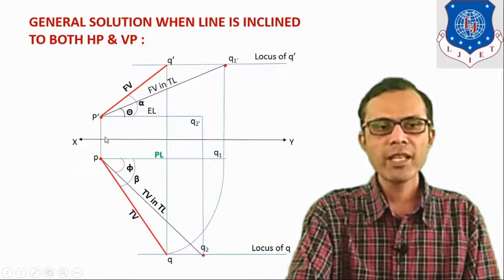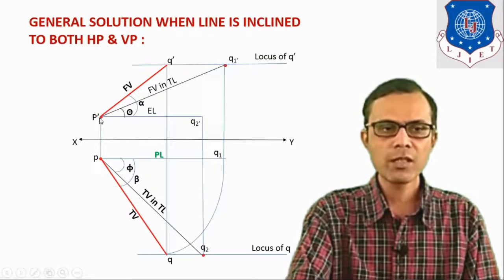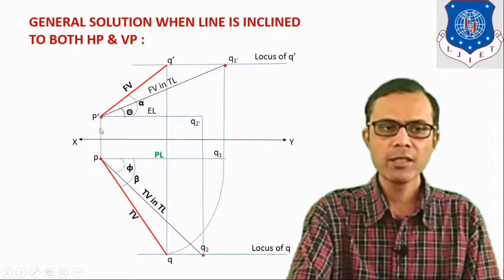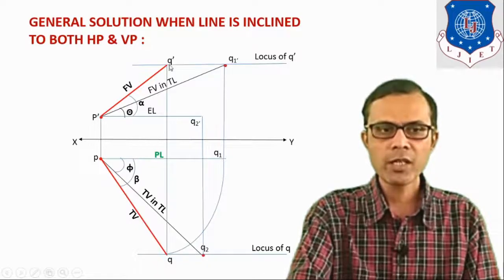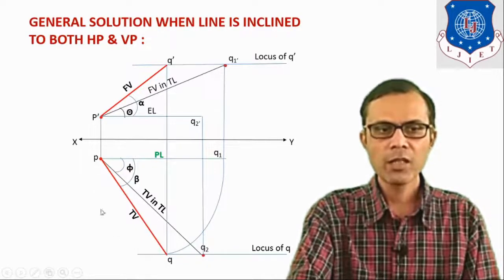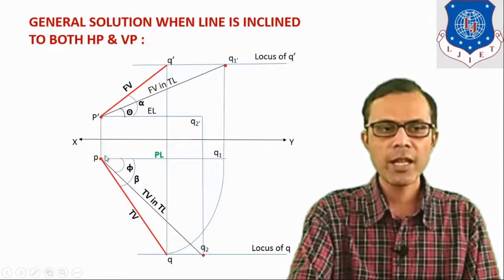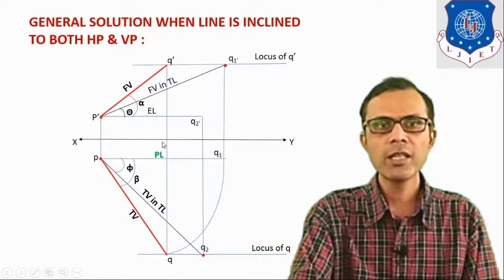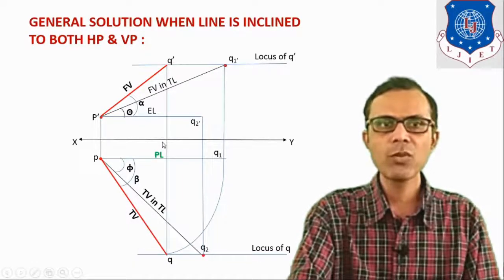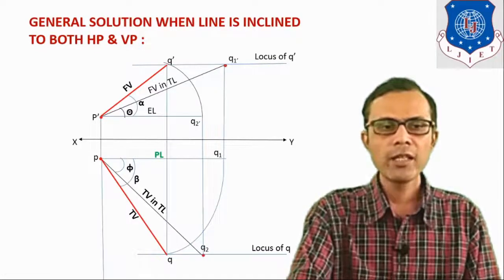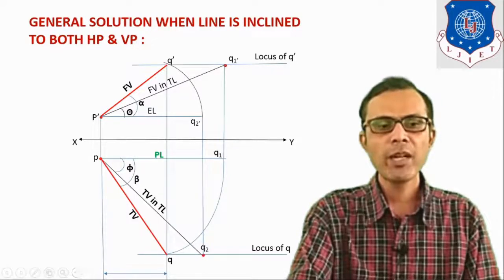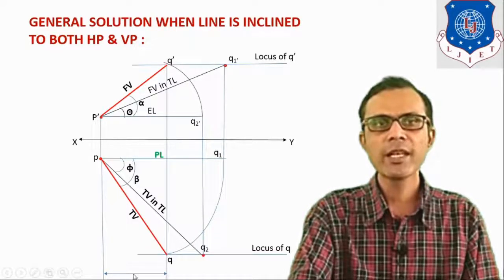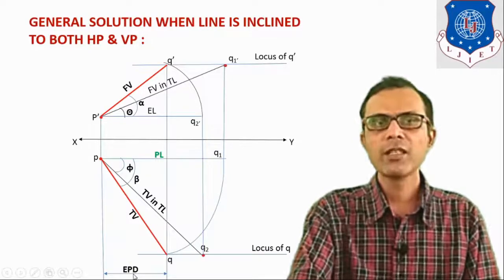Here P dash and P are joined by this projector line. It is one end of given line P, another end is Q end, and projector of end Q is shown here. So these two lines are the two projectors for the two ends of a line, and the distance between these two lines is known as the EPD. This distance is known as EPD, that is end projector distance.